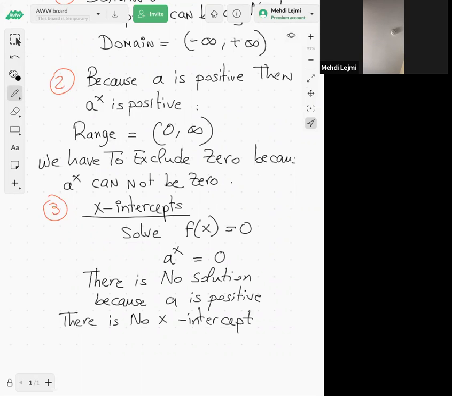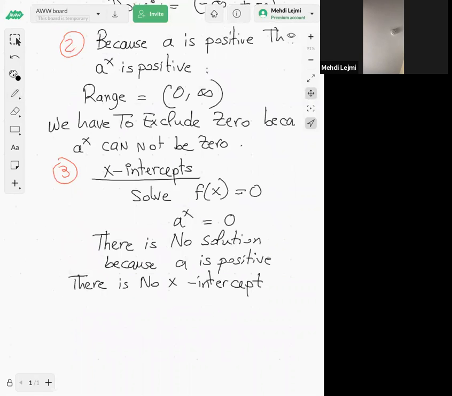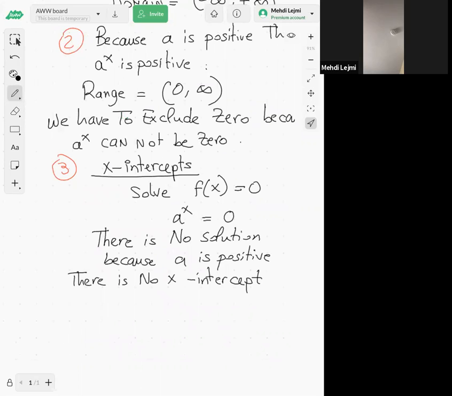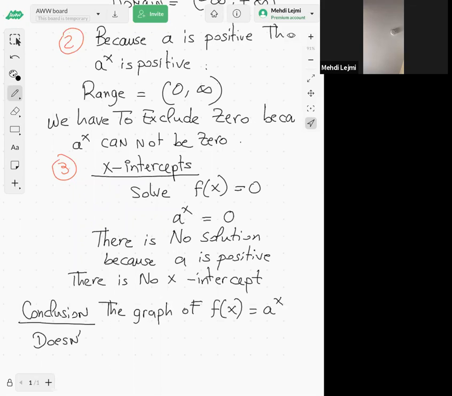So the conclusion is that the graph of a to the power x does not intersect the x-axis. Right? That's because there is no x-intercept.